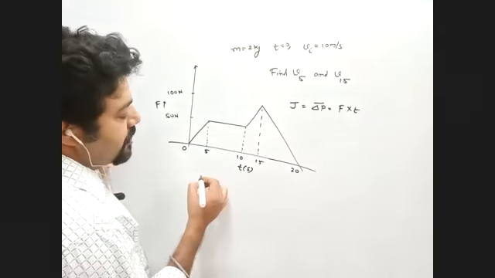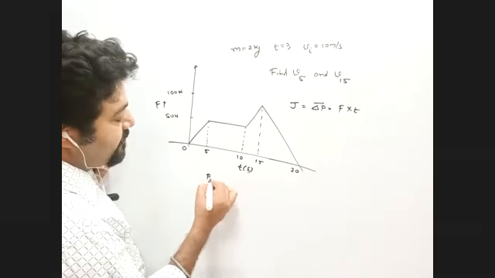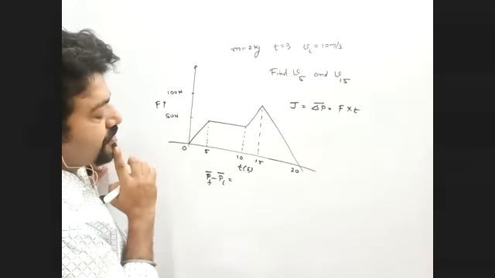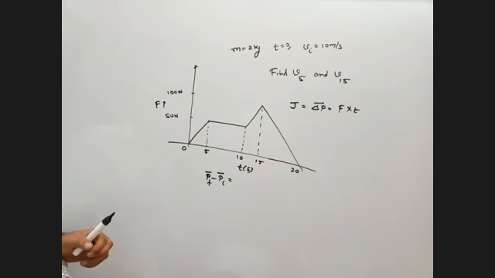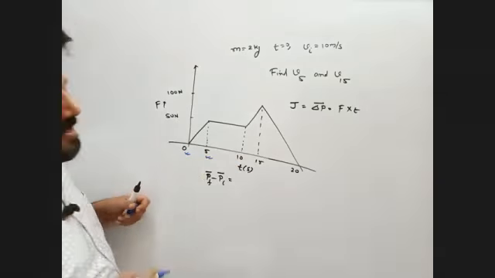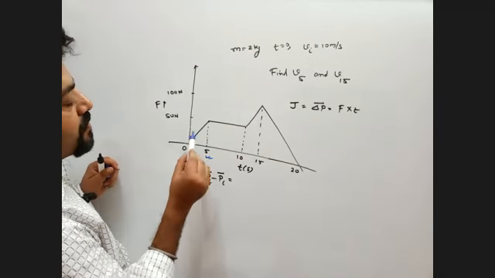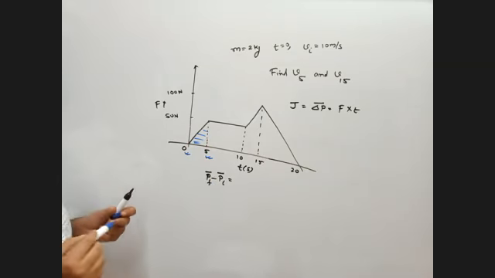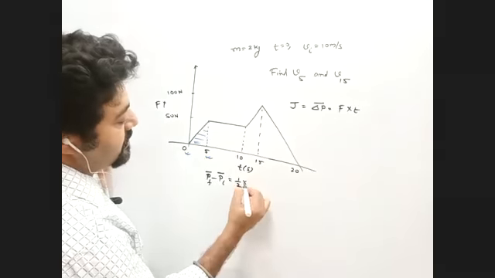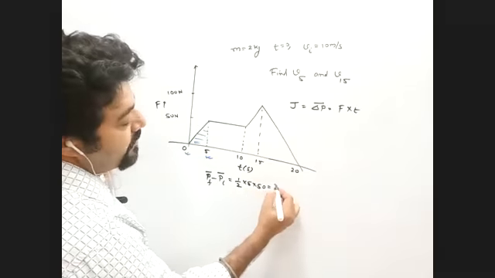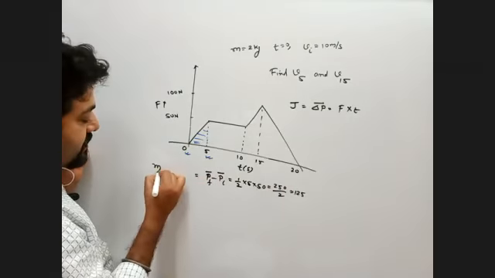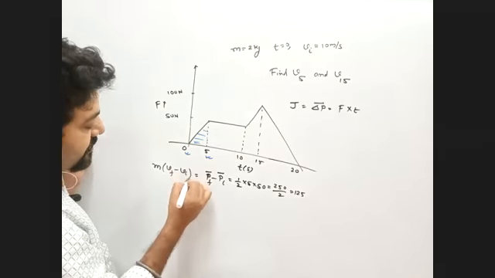So if we start, change in momentum, that means very simple, we can say momentum final minus momentum initial, that is equal to the area. Suppose we first find out the velocity at 5 seconds, as we know the velocity at 0 second. So our first range is 0 to 5 seconds. So we can easily find out that area, that is half base into height. So we have 250 by 2, that is 125, and here we can write mass into velocity final minus velocity initial.